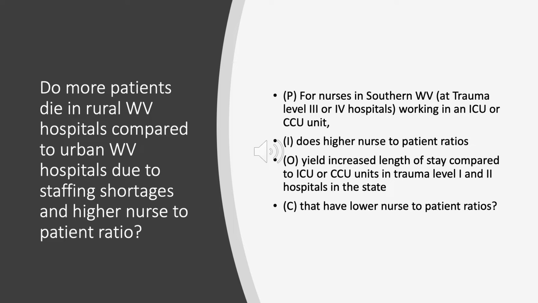So for the population, that would be nurses in southern West Virginia at trauma level 3 or 4 hospitals, working in an ICU or CCU unit, intervention being higher nurse-to-patient ratios, outcome being increased length of stay, compared to ICU or CCU units in trauma level 1 and 2 hospitals in the state, and my comparison being that have lower nurse-to-patient ratios.